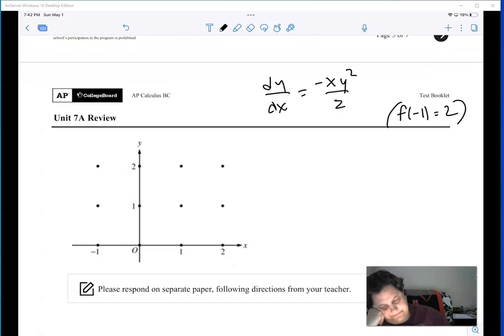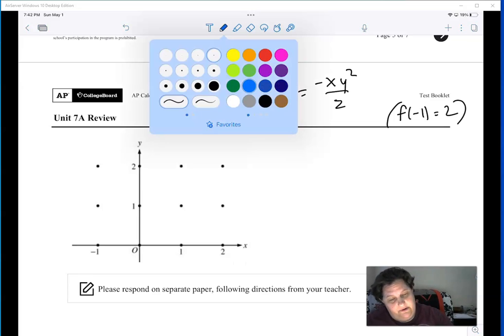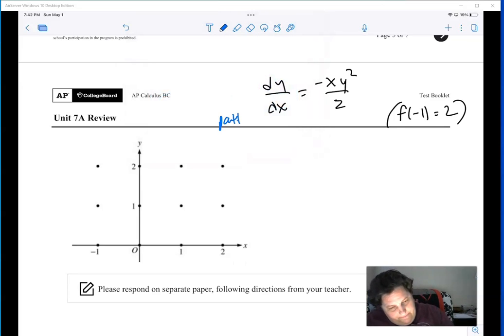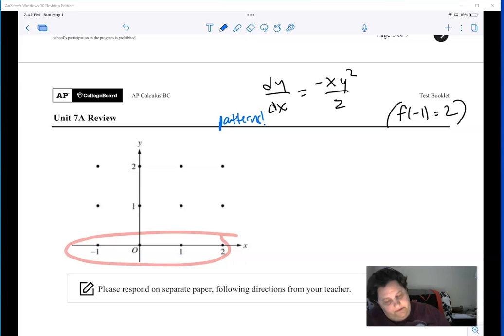Let's just sketch this. You're literally just plugging in every single point. The big thing here is to see if you can find a pattern that would help you out. Patterns are okay. As an example, let me start with this. These are the points (-1, 0), (0, 0), (1, 0).